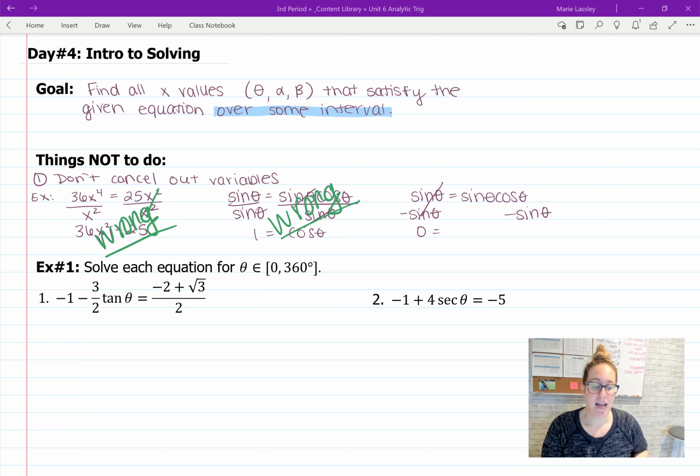Now I see that both terms have a sine theta in them, so I'm going to pull out a GCF, or greatest common factor, of sine.